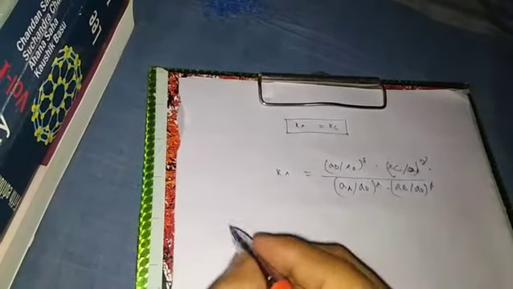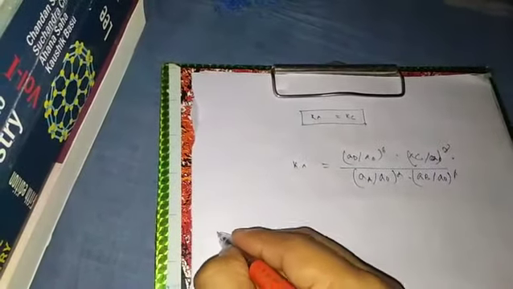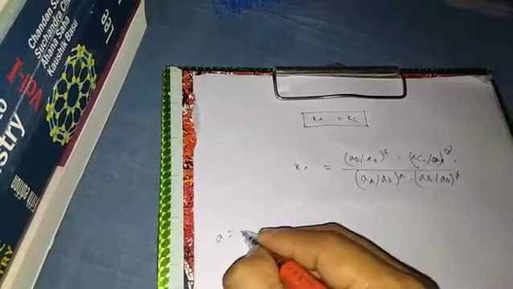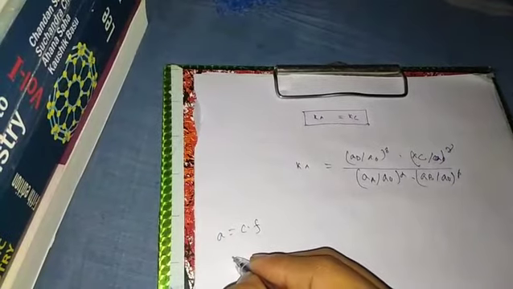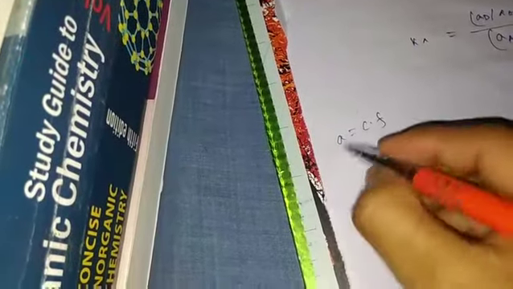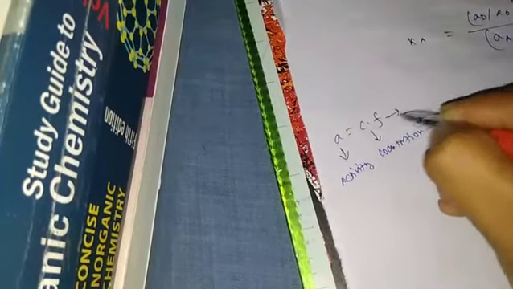Now we know that activity equals concentration into the activity coefficient F. This is known as activity, this is concentration, and this is the activity coefficient.